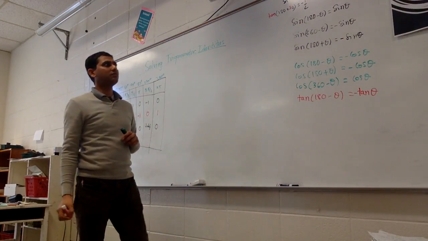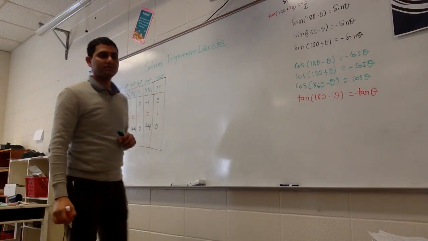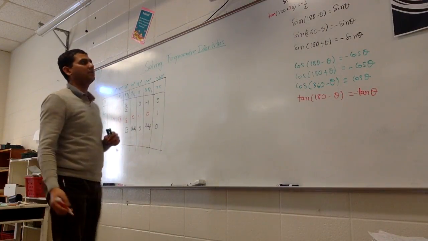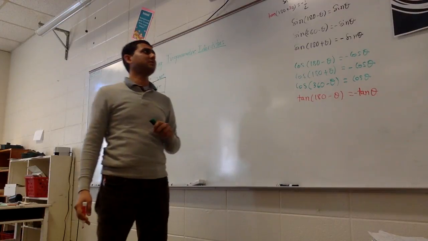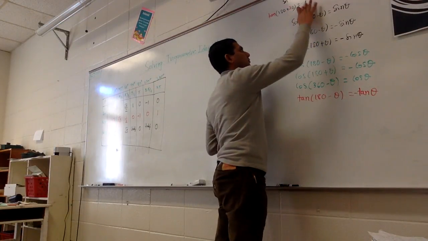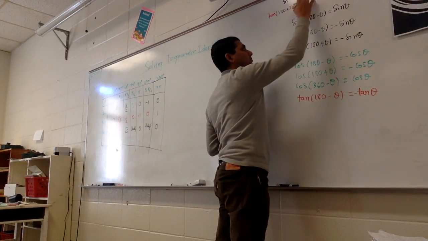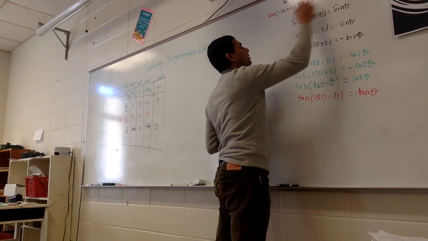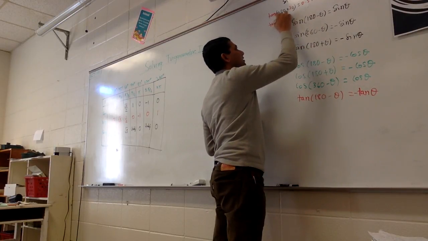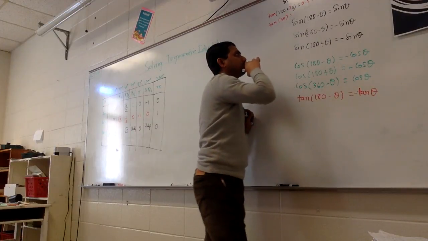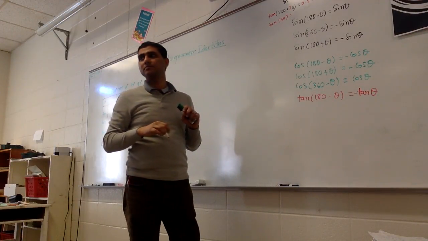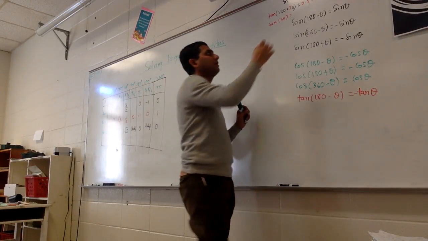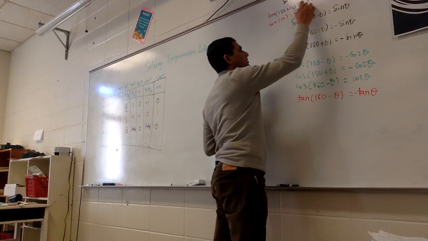Can somebody tell me what is tan of 180 plus 30? So tan 210 is how much? You should be getting something in decimal places: positive 0.577. What is tan 30? Still the same, 0.577.